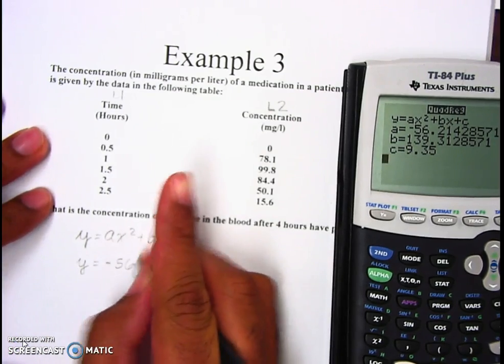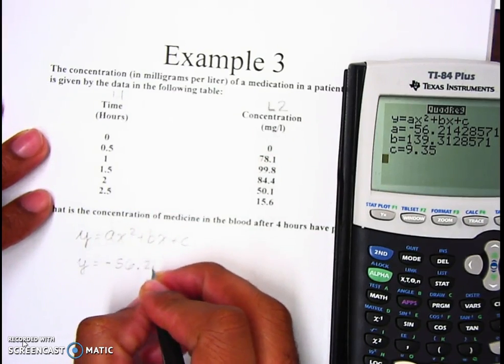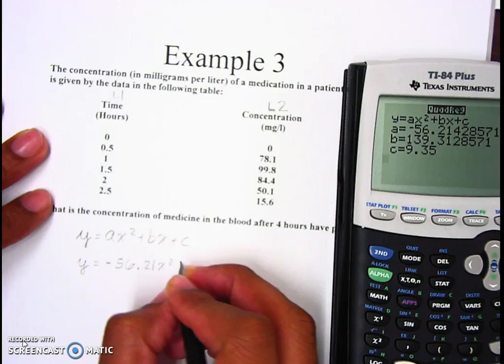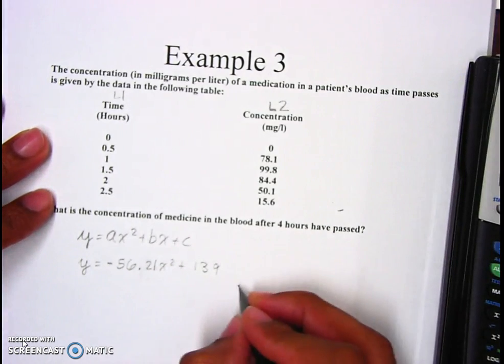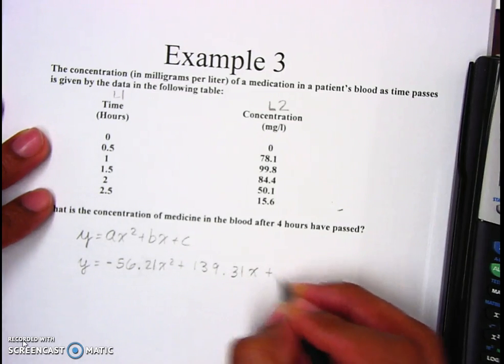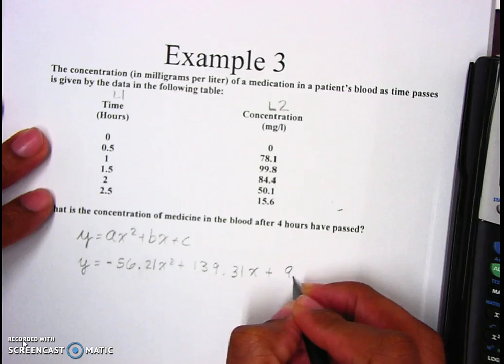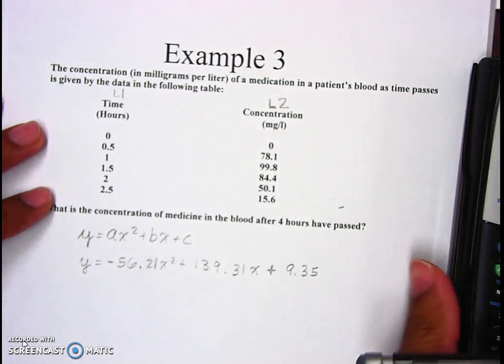Sorry, 56, and again rounding to 2 decimal places, my fault. All right, so that's our equation.